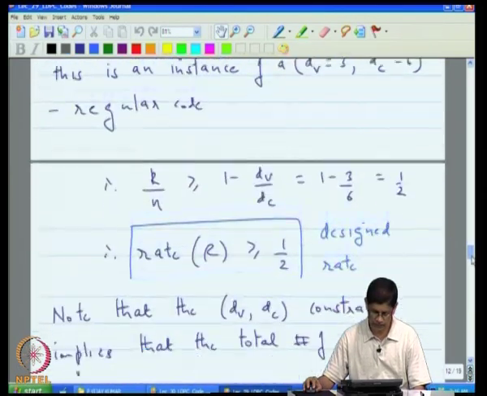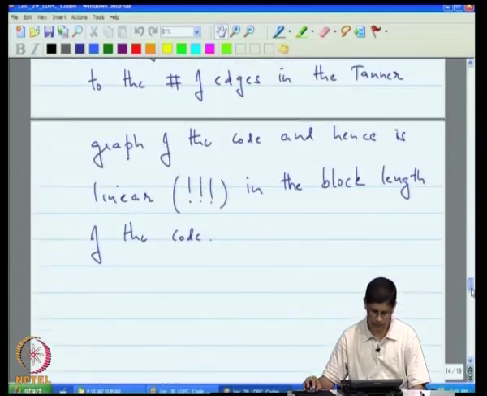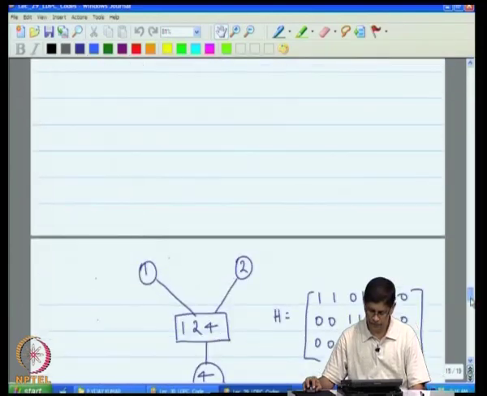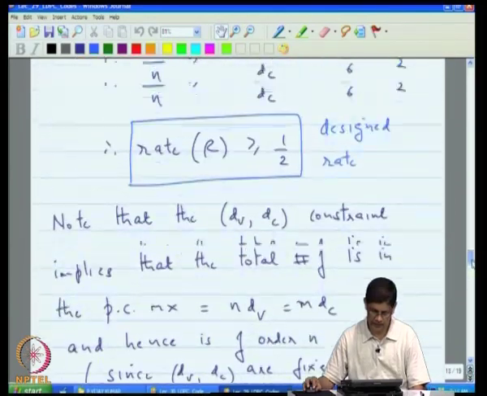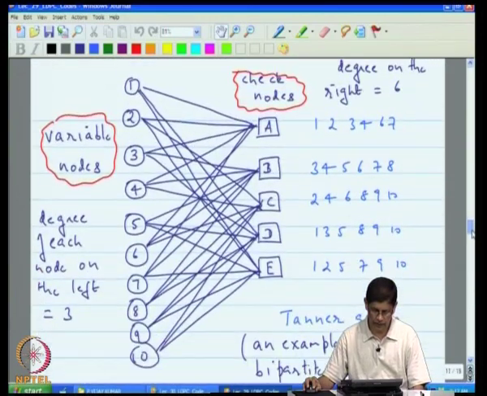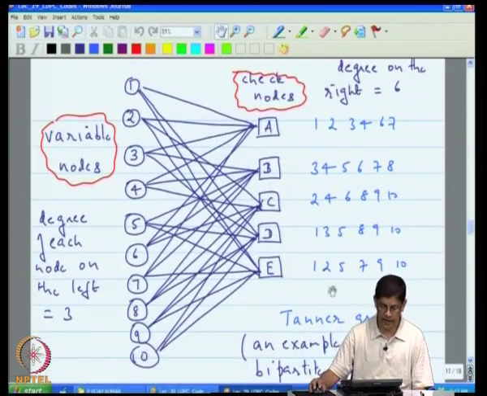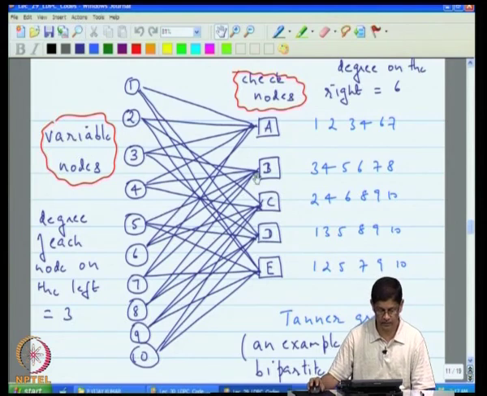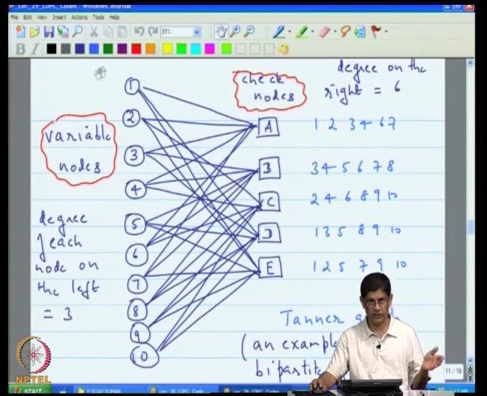I pointed out that decoding of these codes is carried out using a sequence of message passing, which is very similar to the way in which we pass messages across in the junction tree.